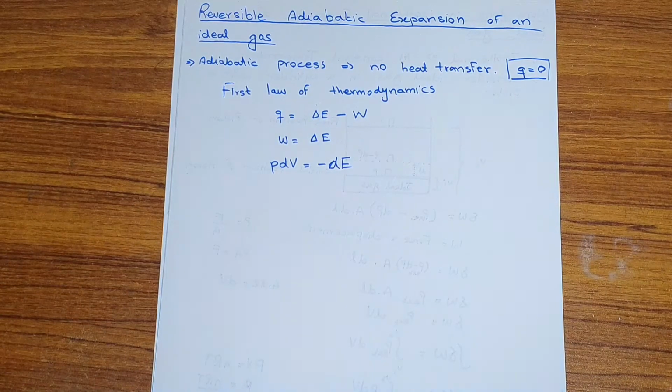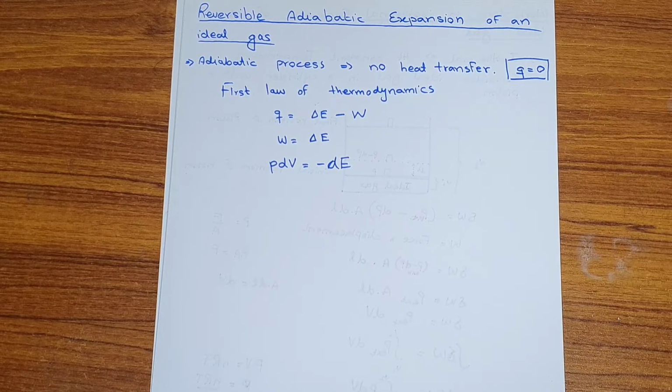Why will this energy decrease? Because there is no heat provided to the system. When there is no heat provided to the system, all of the work would be done at the expense of the internal energy. So the internal energy will decrease, and that will give me P dV is equal to minus dE.